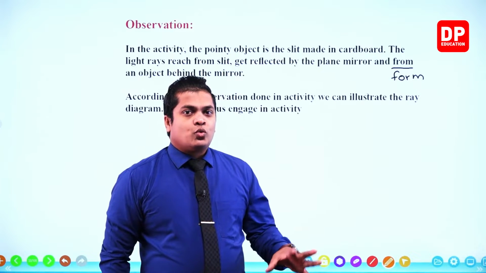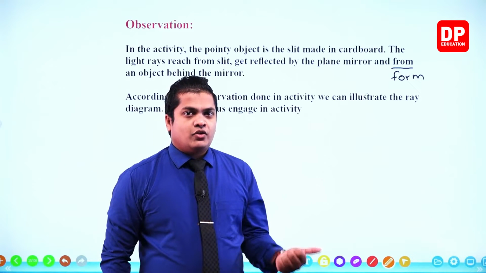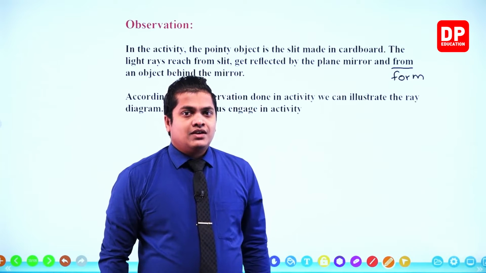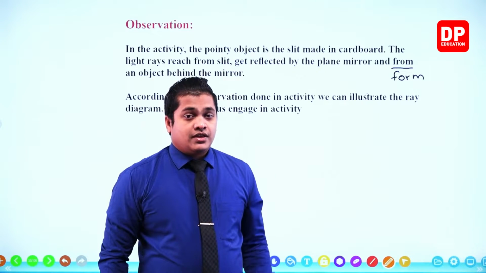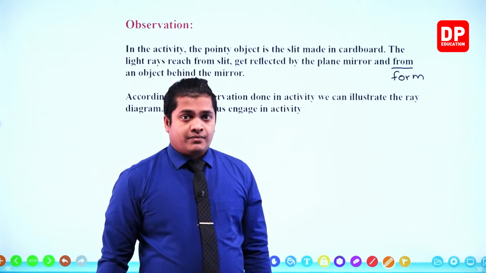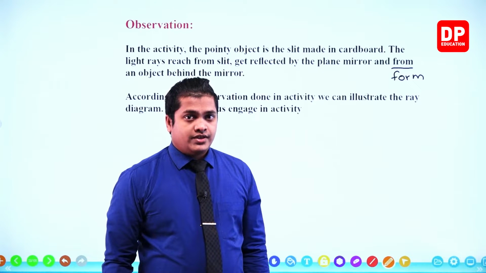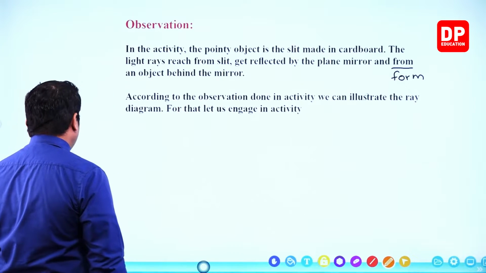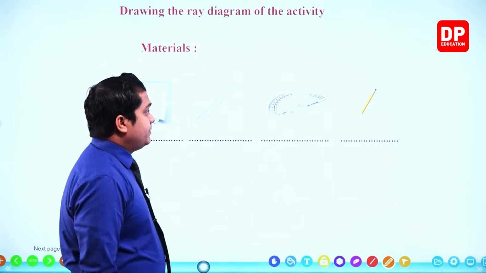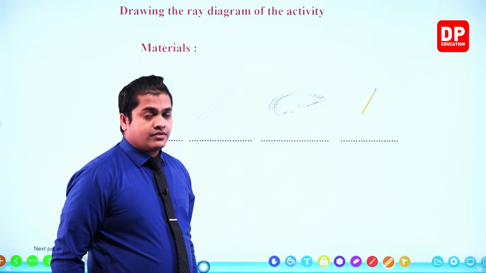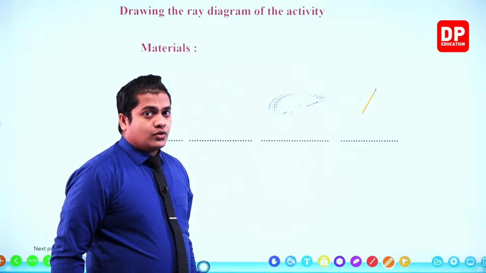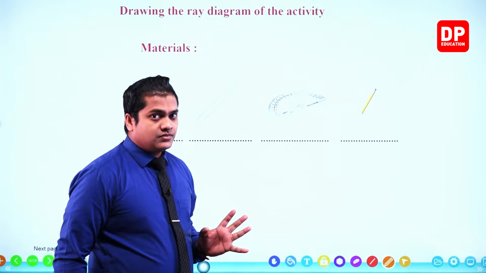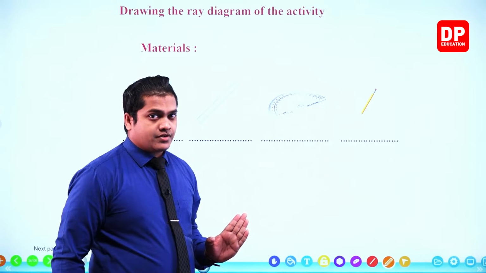Through this, once again we are going to draw the ray diagram related to plane mirror reflection. Let's see what activity we can use to draw the plane mirror reflections. Here we are going to draw the ray diagram only, my dear children.